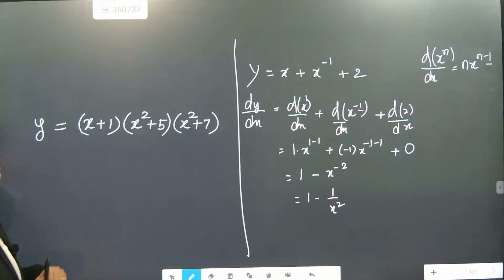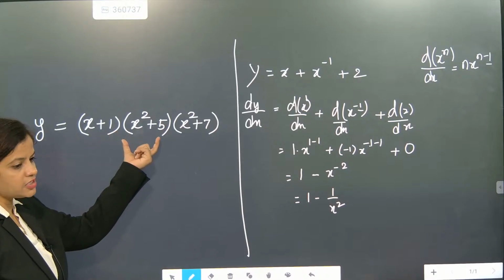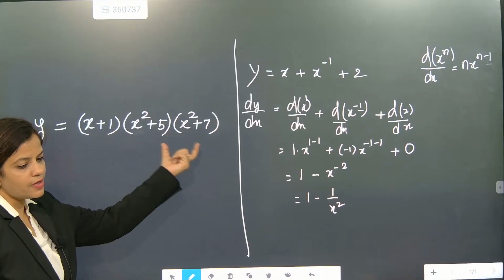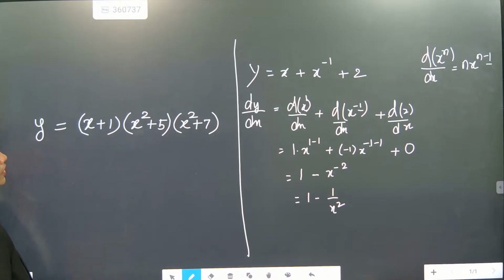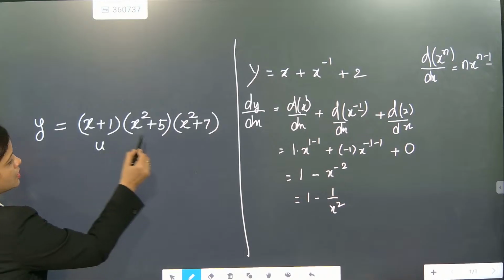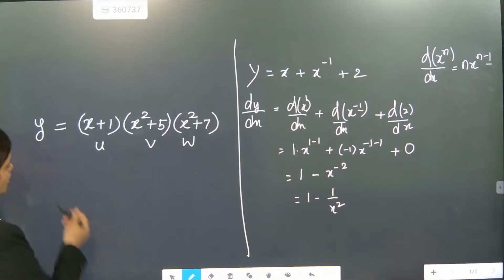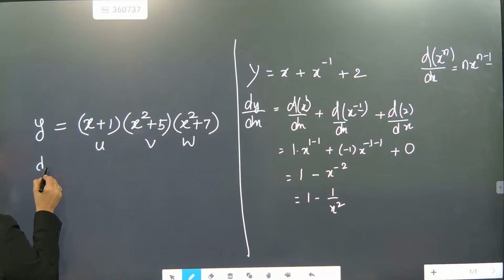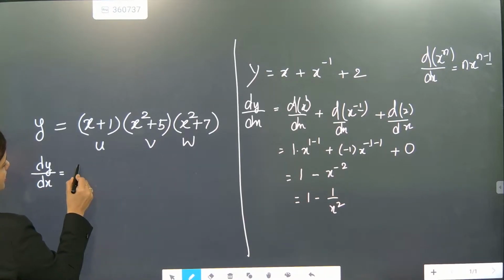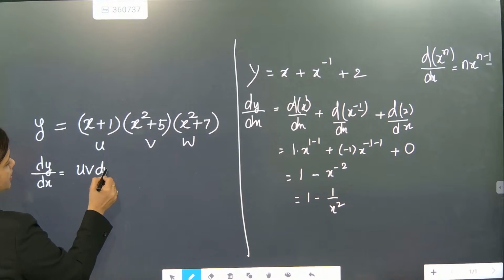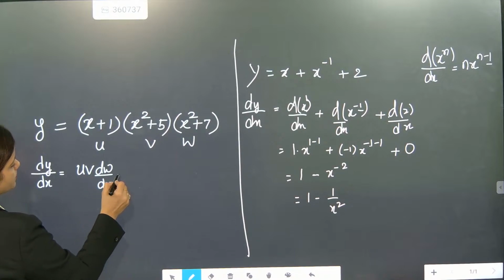So listen, x plus 1, x square plus 5, and x square plus 7 are there. Then how are you going to do it? Take this as u, take this as v, and take this as w. What rule did I tell? When we differentiate, u and v will be left as it is, w will be differentiated.